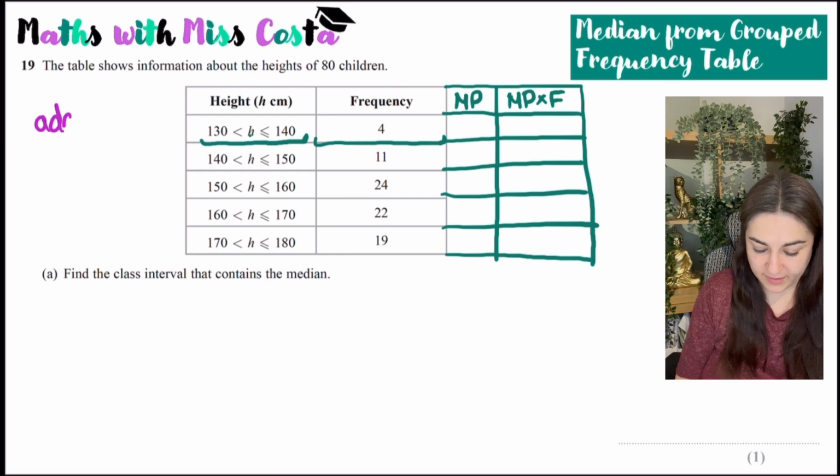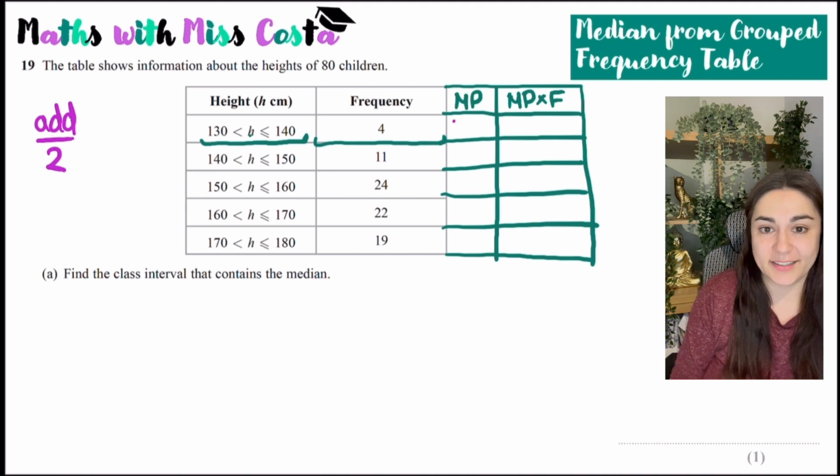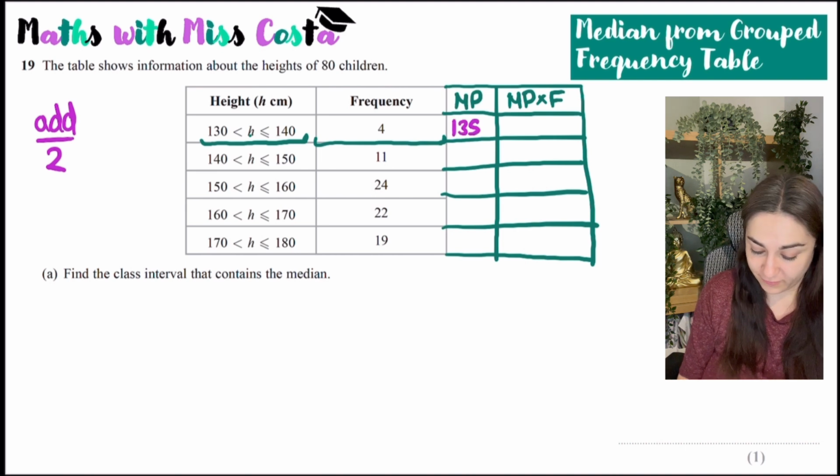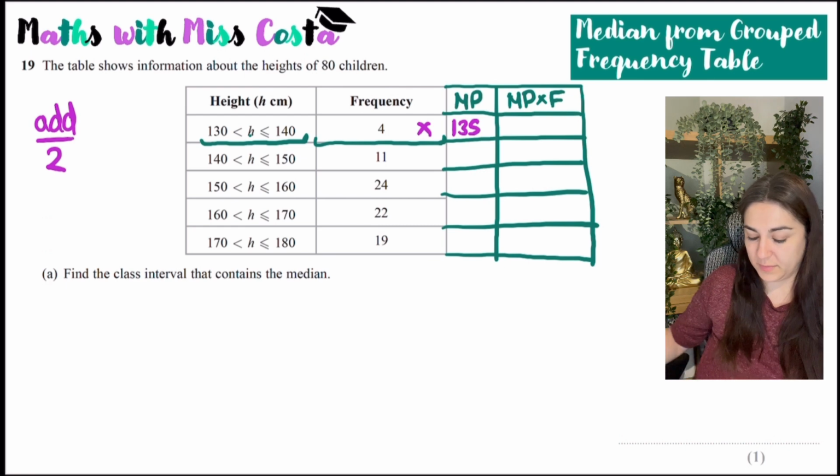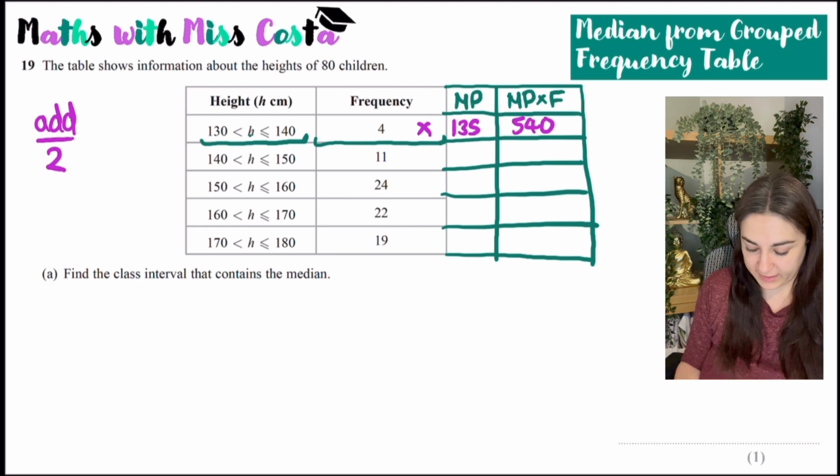To find the midpoint, you add the values and then divide by 2, or you can just see it. So halfway between 130 and 140 is 135. Midpoint just means halfway. So I'm going to do 135 times by 4, the midpoint times by the frequency. 135 times by 4 gives me 540.